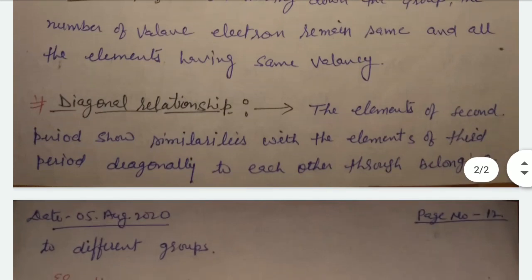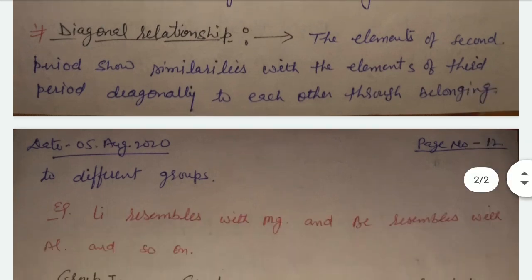What is the diagonal relationship? The similarity between diagonally related elements of the periods is known as diagonal relationship. An element of the second period shows similarities with an element of the third period diagonally.